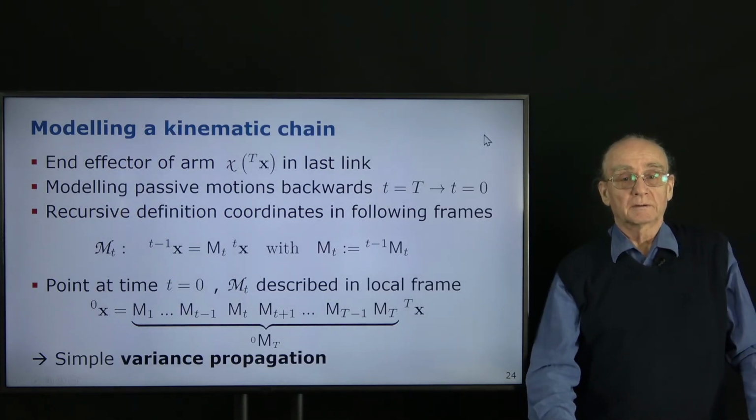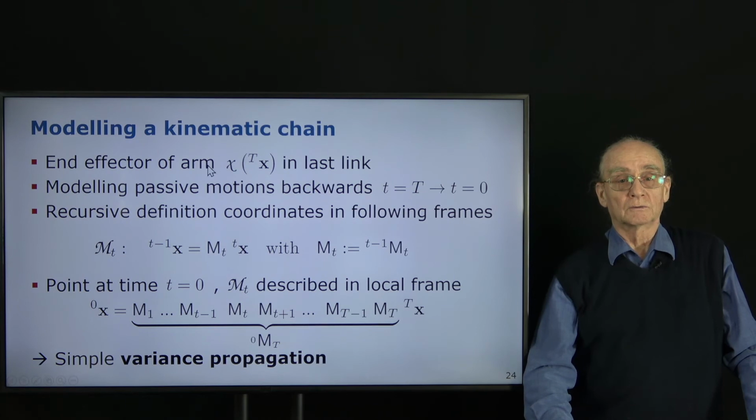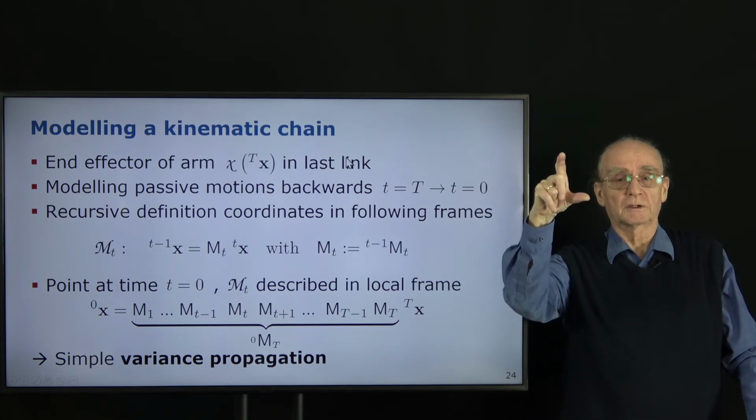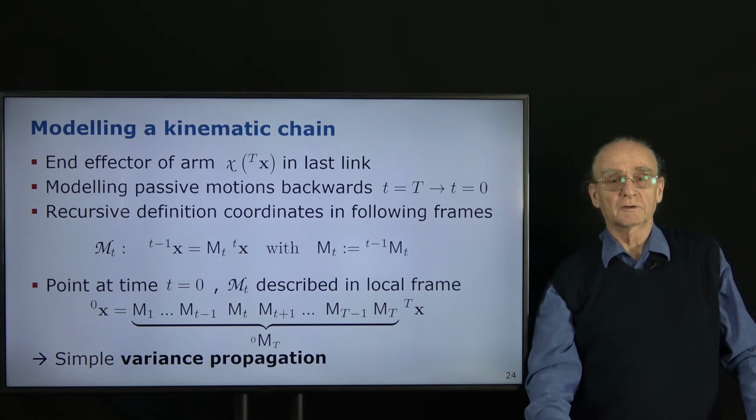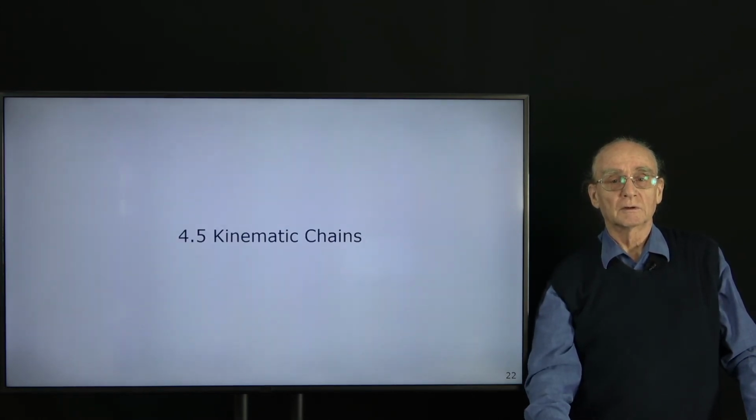So let's assume we want to model a kinematic chain. I now start from the end effector of the, let's say, arm. I change the notation so that it also may mean time. So this is the last link. So we have the coordinates described in the last effector.